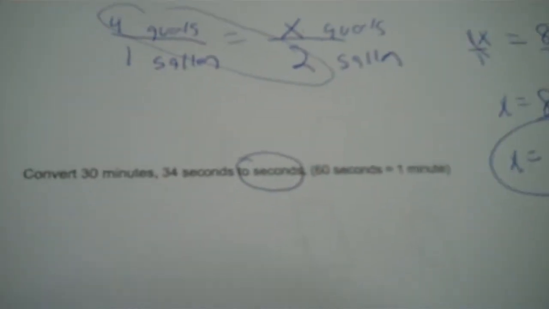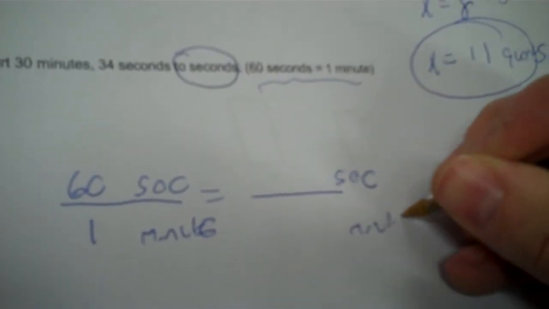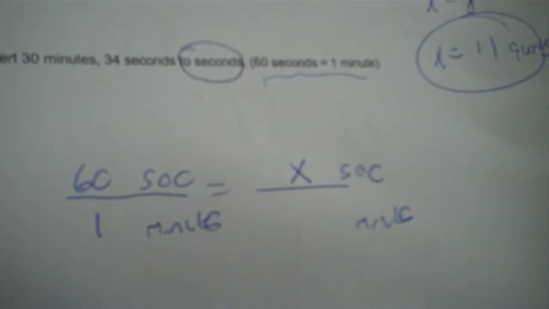Convert 30 minutes, 34 seconds to seconds. 60 seconds is equal to a minute, okay? So you got 60 seconds to 1 minute. That's your ratio. That's the conversion rate. So I want seconds. How many minutes do I already have? I have 30.